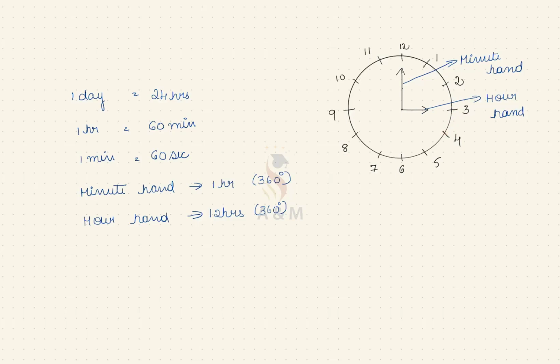For example, if your short hand, that is hour hand, is at 12 o'clock, and slowly it moves on to 1 o'clock, that means it is 1 hour. Correct. Next, from 1 to 2 when it reaches, it is 2 hours. So likewise it has to rotate one circle to form a 360 degree. So when it comes till here, one circle, it takes 12 hours, right? So 1 hour, 2, 3, 4, 5, 6, 7, 8, 9, 10, 11, 12. So 12 hours to form a 360 degree.